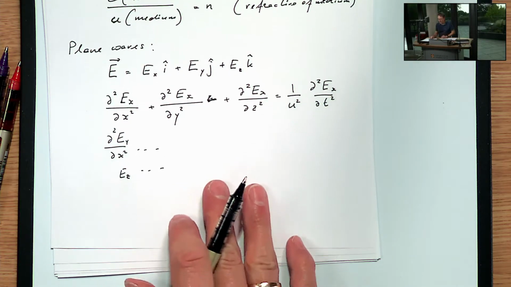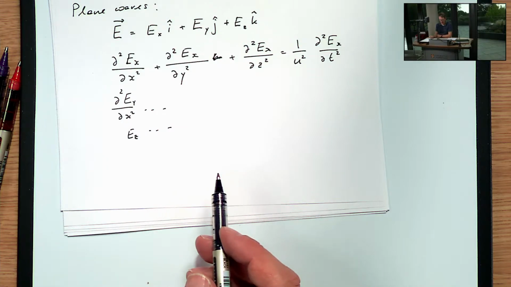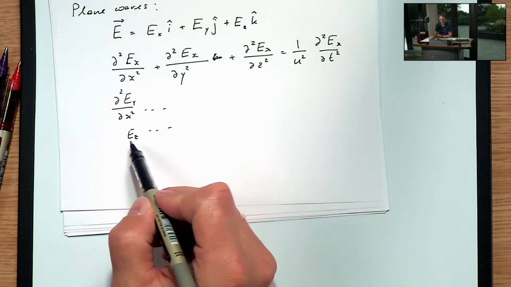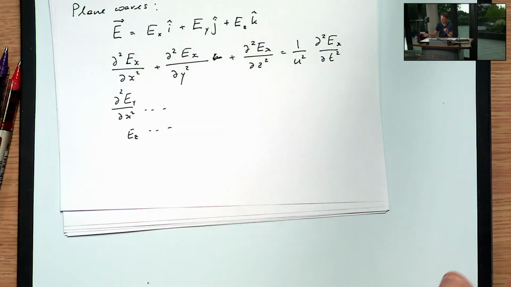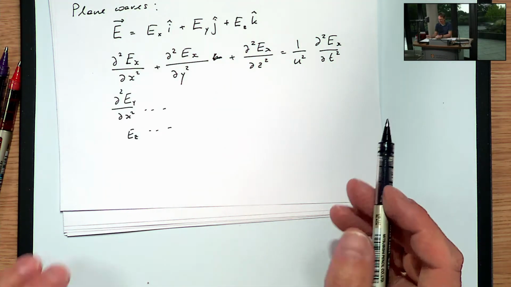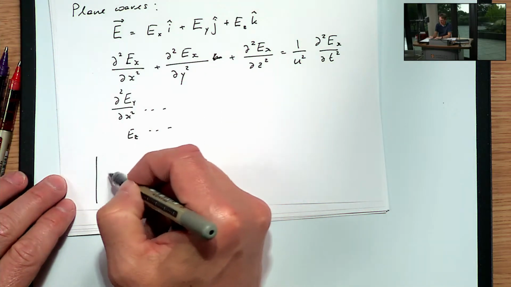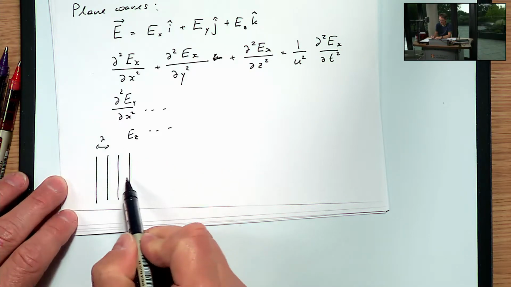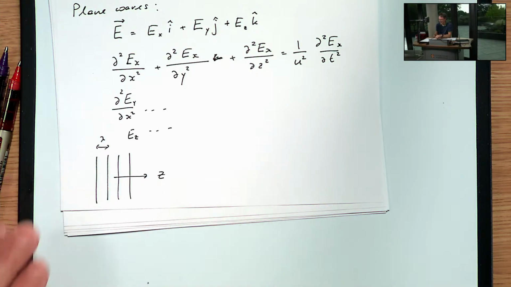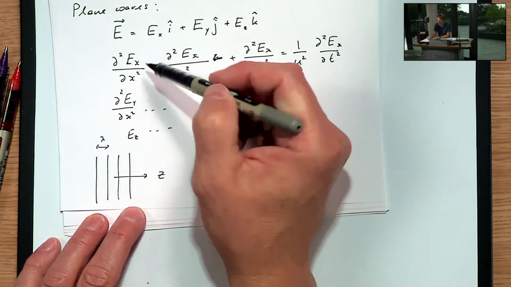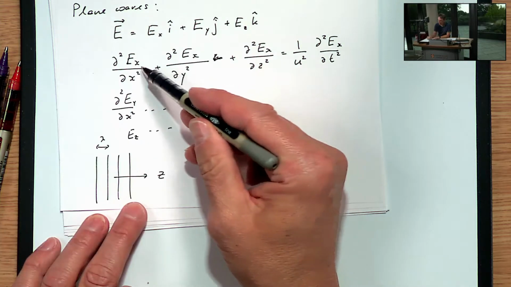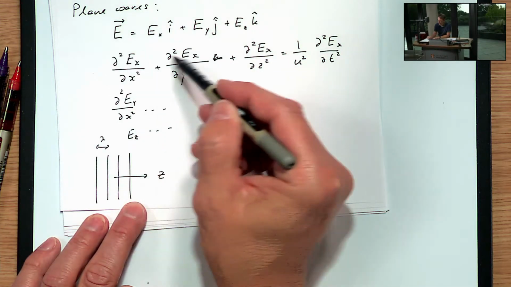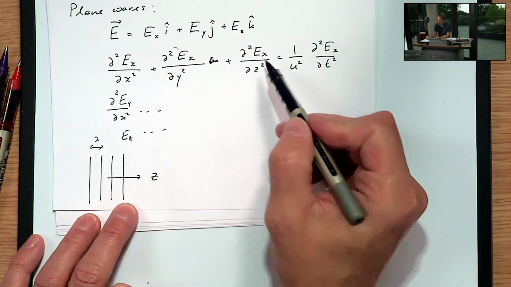But let's now assume that we have a wave, the electric field of which travels along the z direction. So a plane wave that looks like this. This is lambda in space, and it's traveling along the z direction like that. So there are no field variations along x, and there are no field variations along y. So these terms here will be 0, and only this term remains.